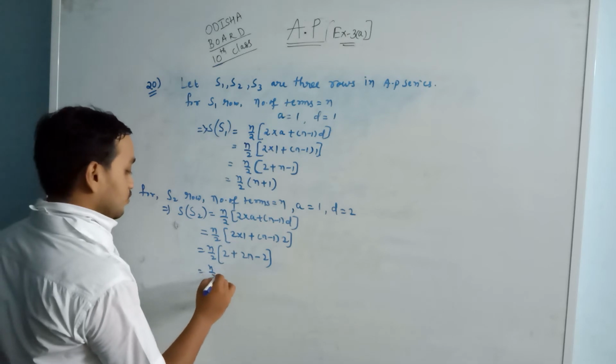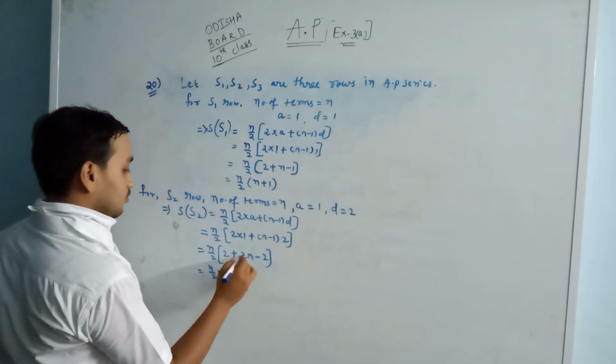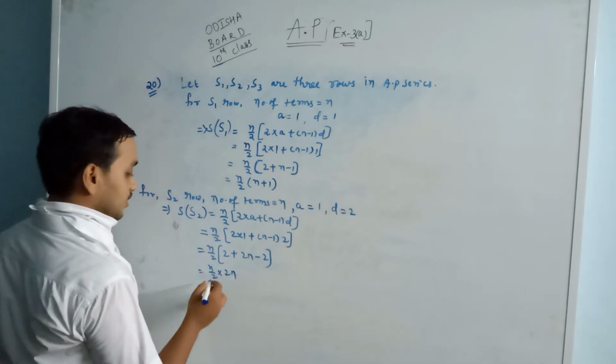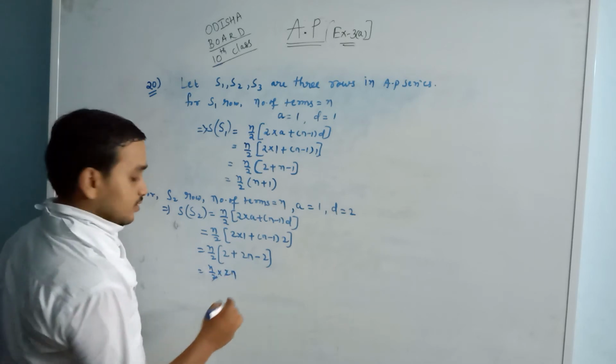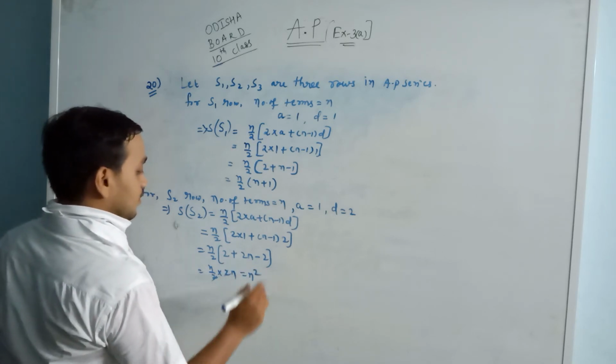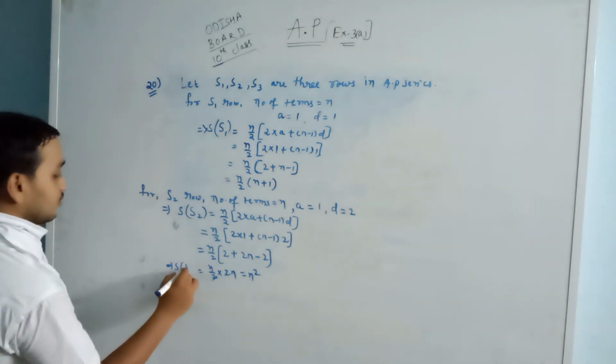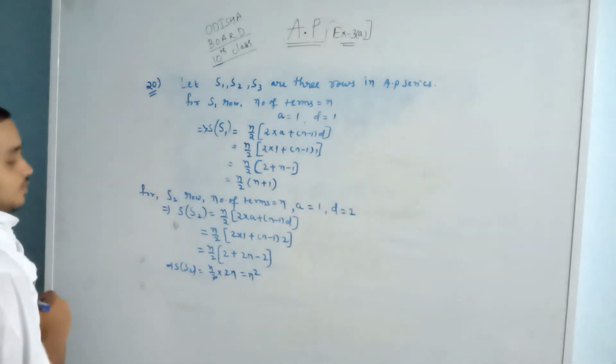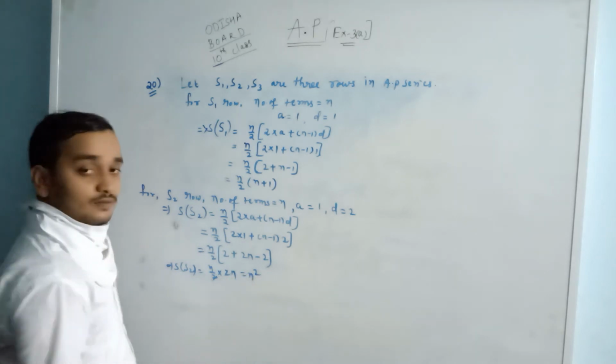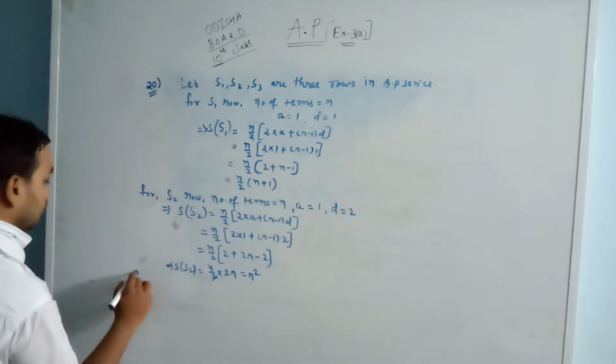So n by 2 into the remaining, how much? 2 cancels, that will be n square. So S2 is n square.